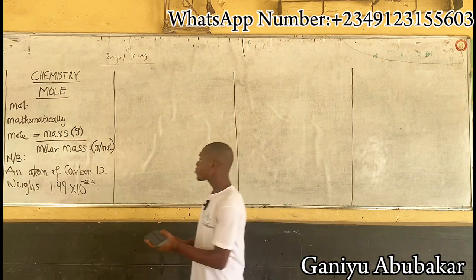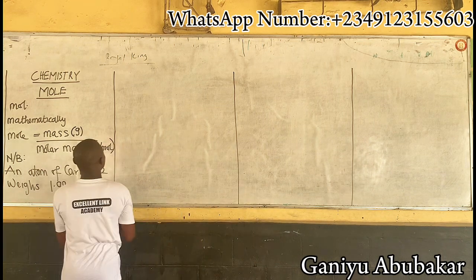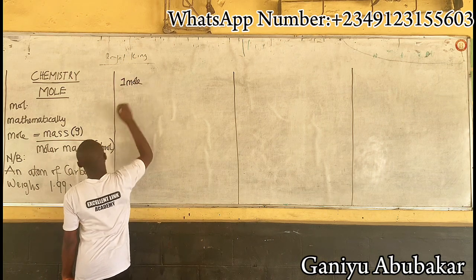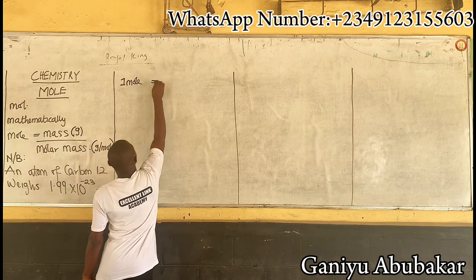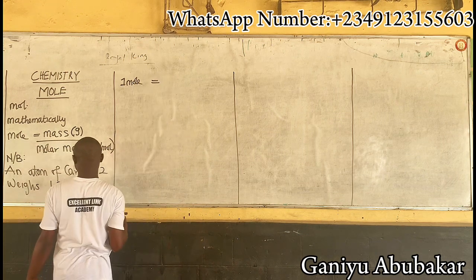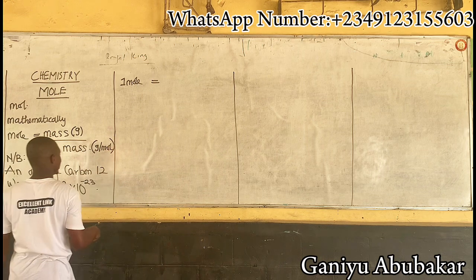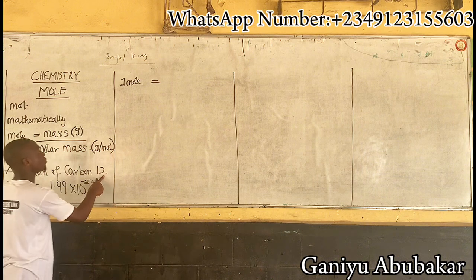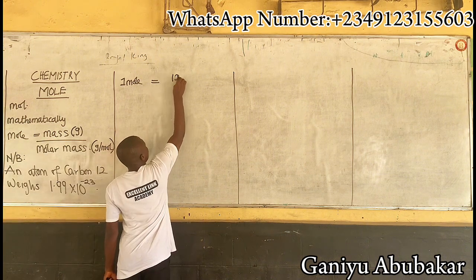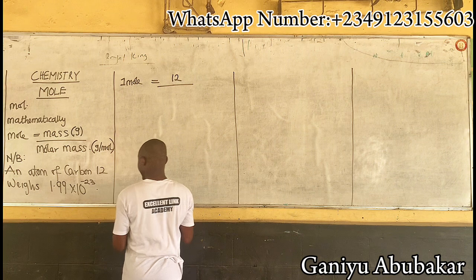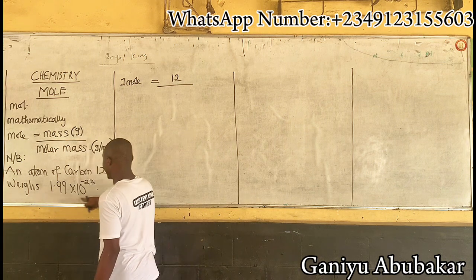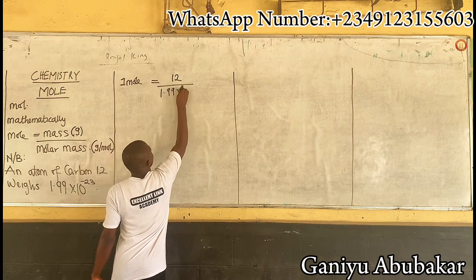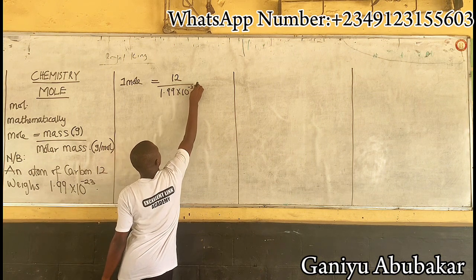What do I mean? From this concept, I can say that one mole is equal to mass, which we said is 12 gram, over the weight of an atom of carbon 12, which is 1.99 times 10 to power minus 23.